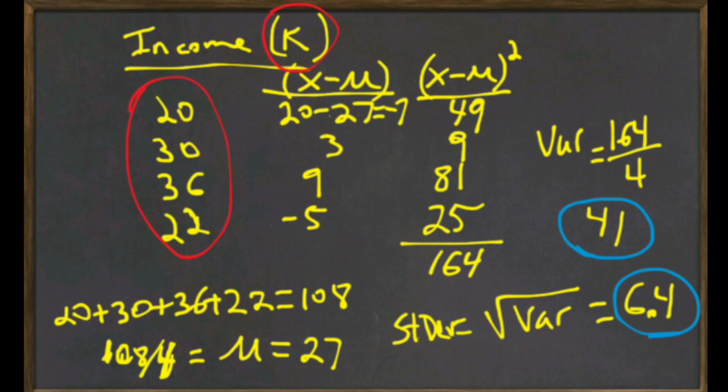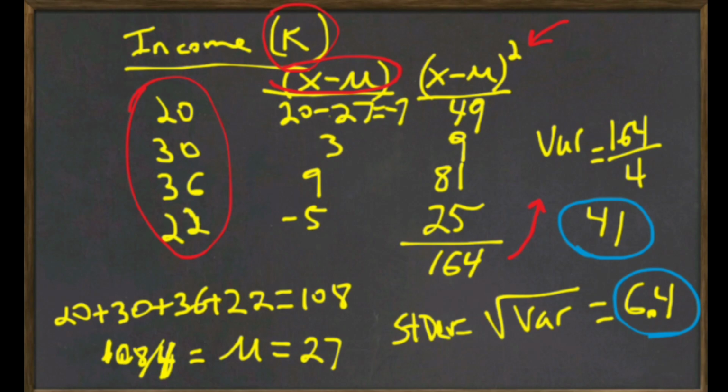What that means is that the deviation is in thousands, but the squared deviations are in thousands of dollars squared. Notice the variance never leaves that thousands of dollars squared. We just take an average of thousands of dollars squared. So the variance here is 41 thousands of dollars squared.